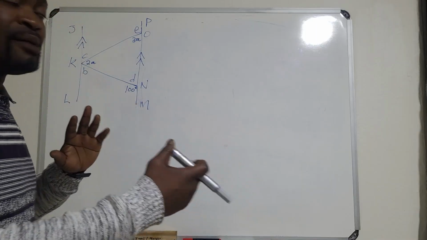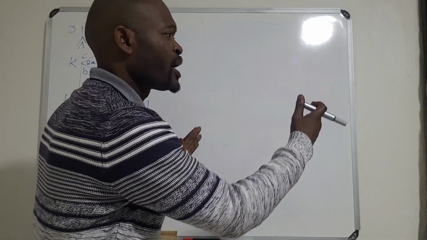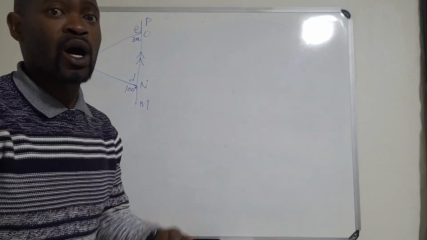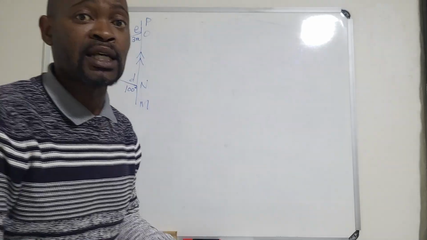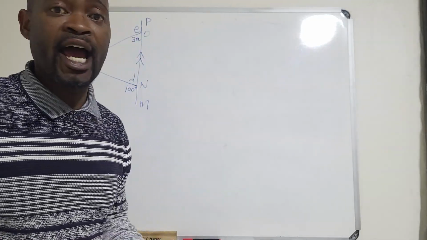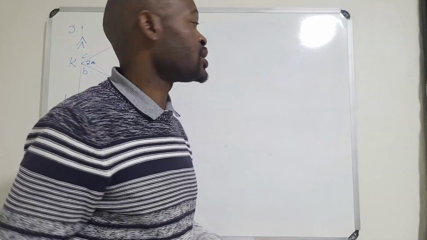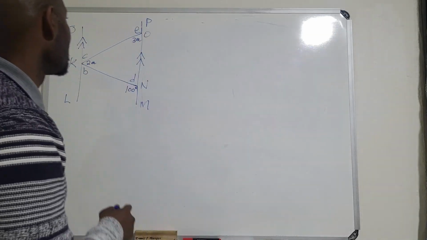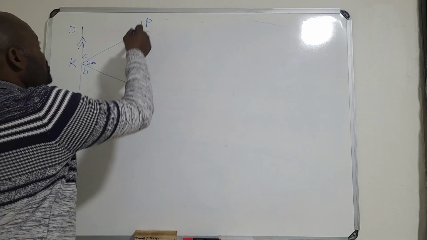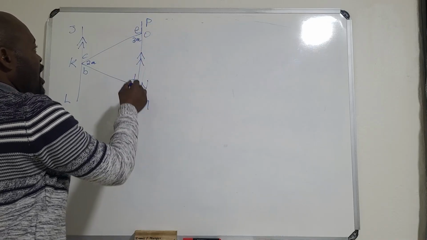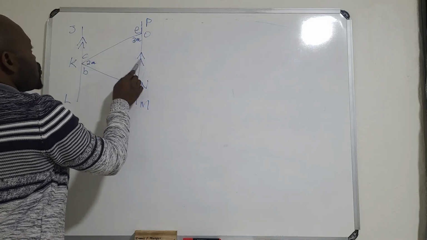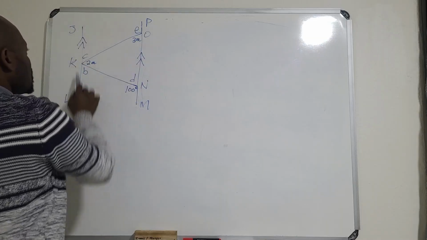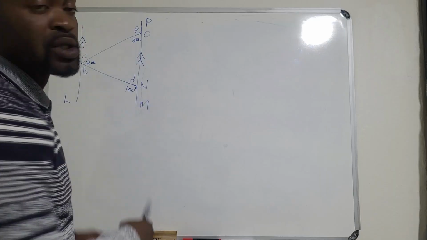In the previous example, there were no parallel lines. That is why we didn't use corresponding angles, alternate angles and cointerior angles. Now, here, since we are told that JL is parallel to PM, and we can see by these arrows, this side is parallel to that side.